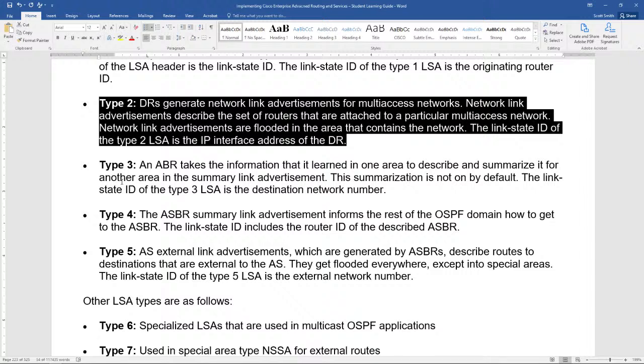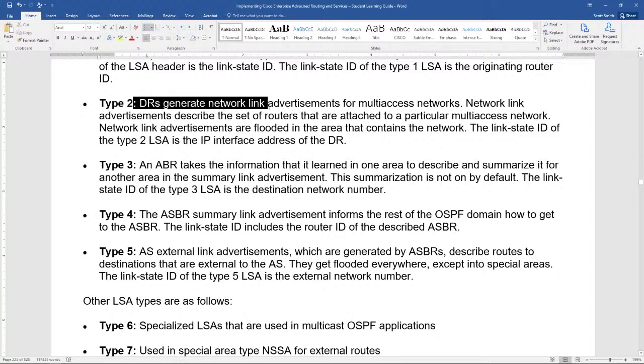So that means that the other routers in the topology need to know, hey, if I need to speak to those devices on that multi-access network, I really need to send my information to the DR, because the DR is the one that's going to be responsible for propagating that information to the rest of the nodes on that multi-access segment. Does that make sense? So that's what we're talking about in this particular case. So the DR generates these network LSAs.